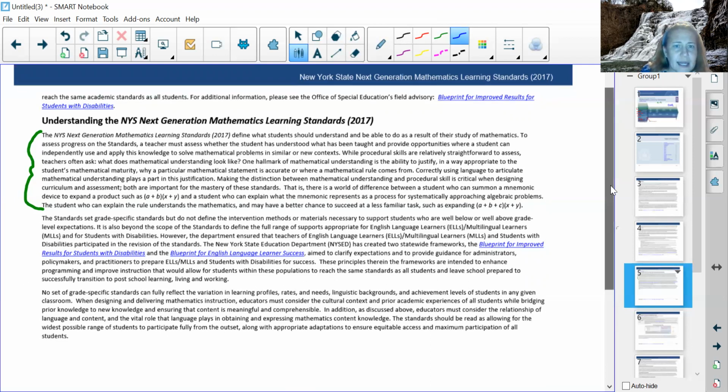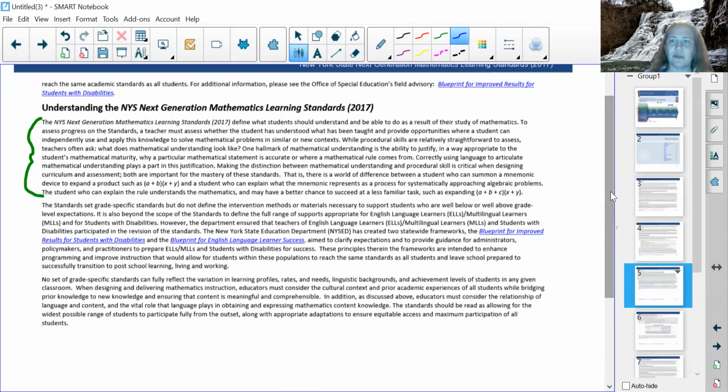So anyway, I suppose I can read to you. You can all read to yourself, but let me read and highlight some of the parts. So the whole document, all of these standards, define what students should understand and be able to do as a result of their study in mathematics.